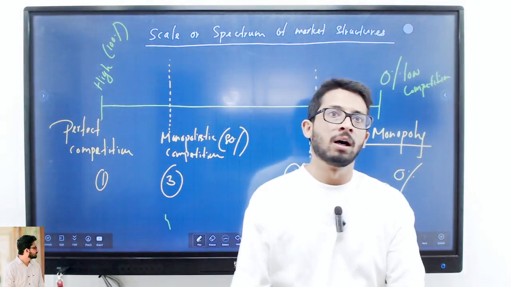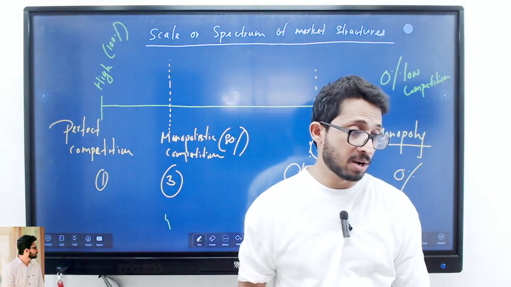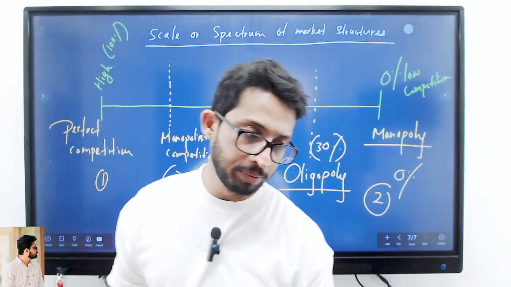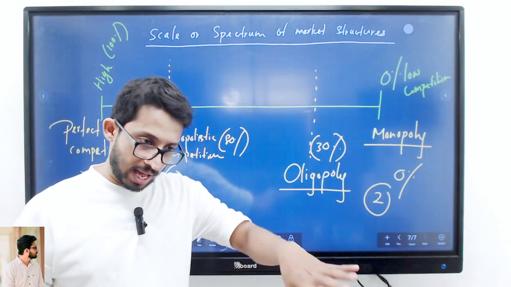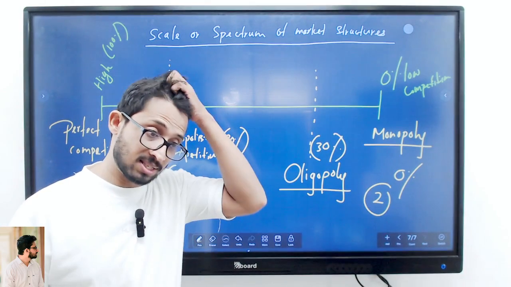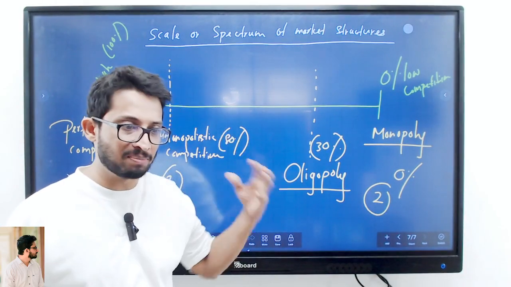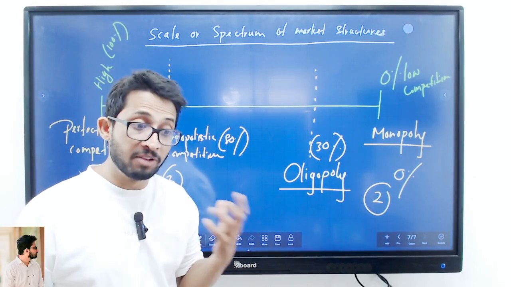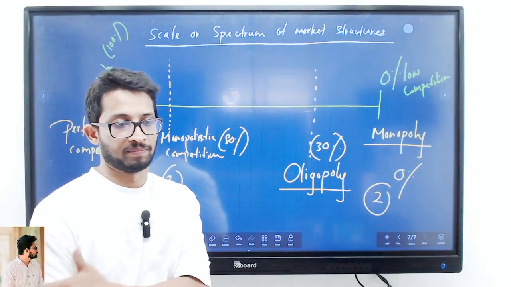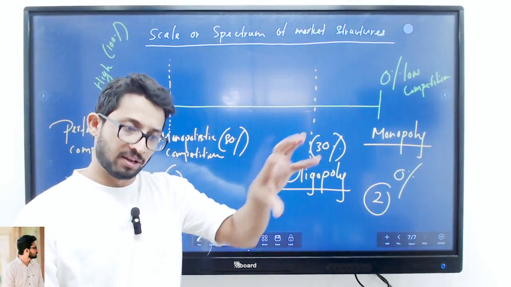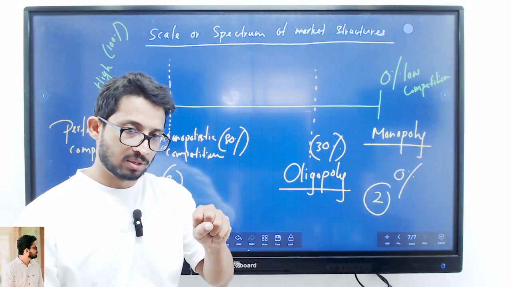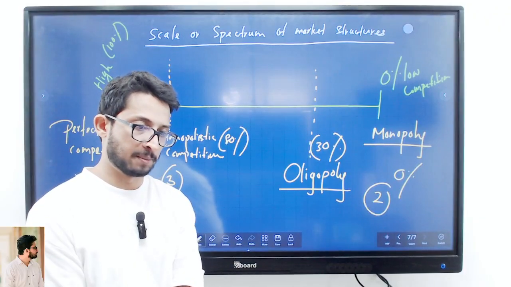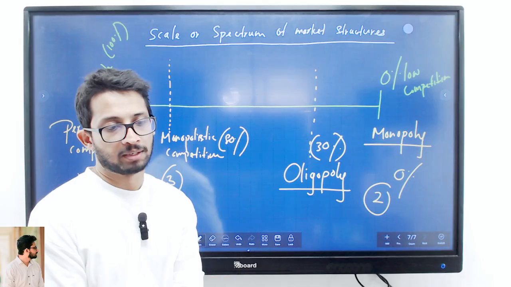Example, the telecommunication market in Sri Lanka, gas, fuel. Competition is there, as there are a few sellers in the market, and consumers have options as well, but less competition. Every firm has a significant market share, and every large dominant firm can influence the market price. They can exploit consumers.